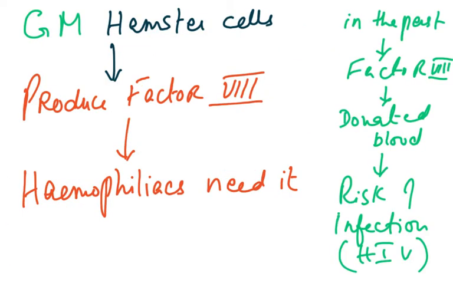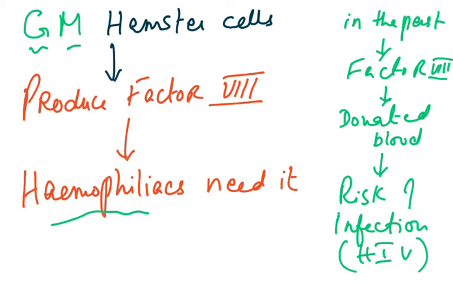Now what we've done is we have genetically modified, GM means genetically modified, hamster cells and they produce factor 8 for us. And why do we need factor 8? Because hemophiliacs cannot produce factor 8, so we need to give them injections of factor 8. In the past, factor 8 was obtained from donated blood, and this donated blood carried the risk of infection.